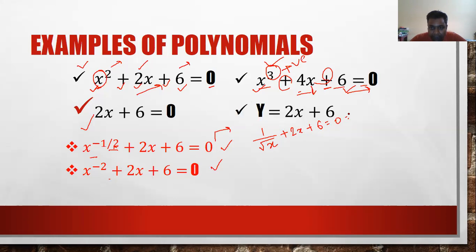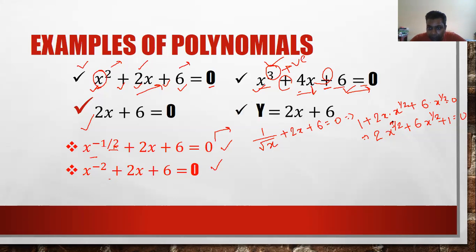Now when we simplify this one, it comes out to be 1 plus 2x into x to the power half plus 6 into x to the power half equal to 0. On further simplifying, we get x to the power 3 by 2 plus 6x to the power half plus 1 equal to 0.